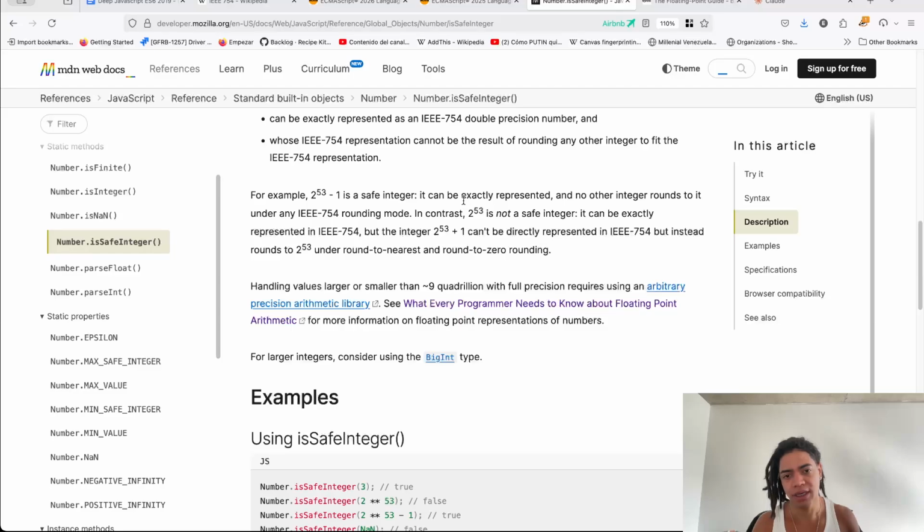What is the problem that Number has, and what is the solution that BigInt brings to the table?